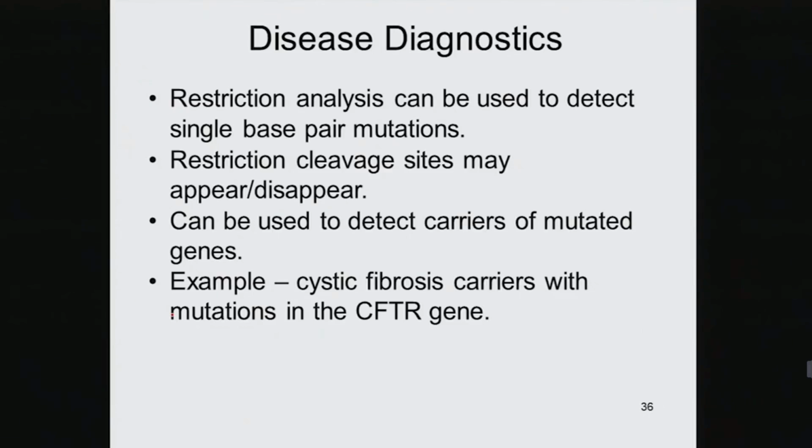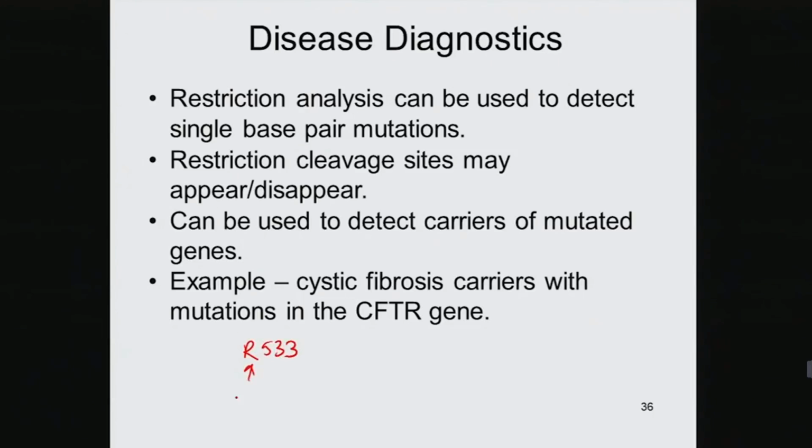And early on, before the advent of DNA sequencing, this was a technique that was actually employed for the diagnosis of cystic fibrosis, because it facilitated the examination of a mutation in the CFTR gene. So there's lots of mutations associated with cystic fibrosis, but one key one that came out was the R553X.